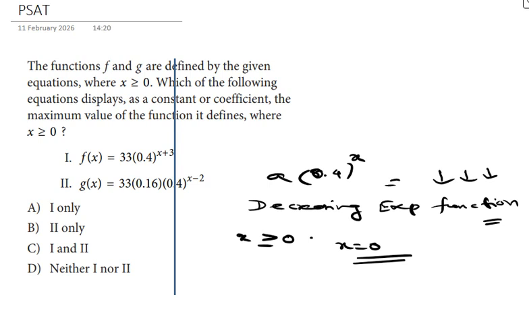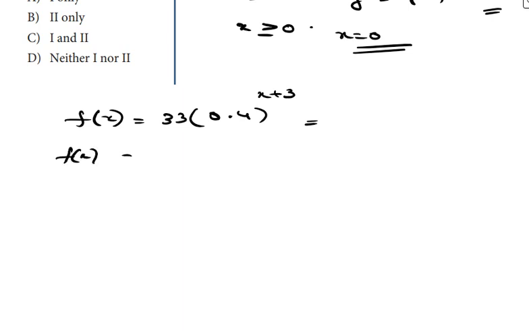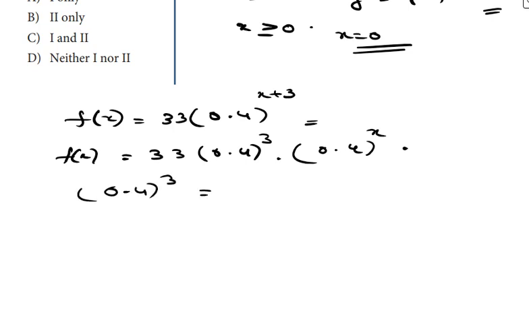Now analyze function 1, that is f(x) equal to 33 times (0.4)^(x+3). So rewrite it clearly. f(x) is equal to 33 times (0.4) cubed times (0.4)^x. Now, (0.4) cubed is what? 0.064.